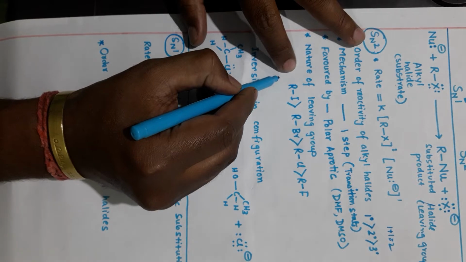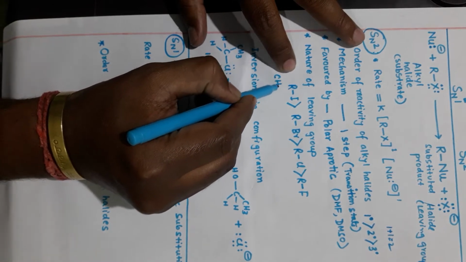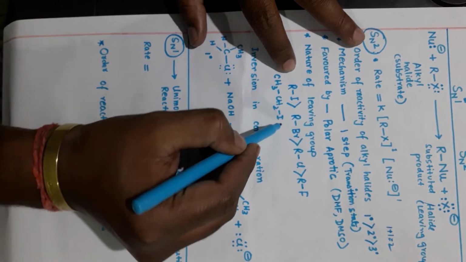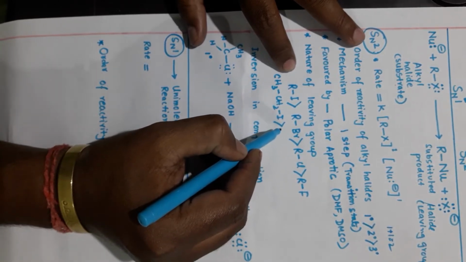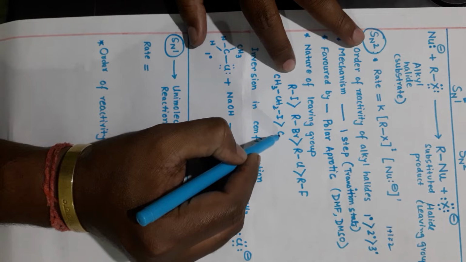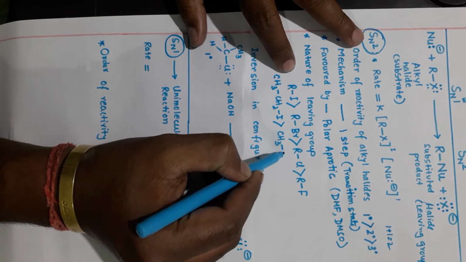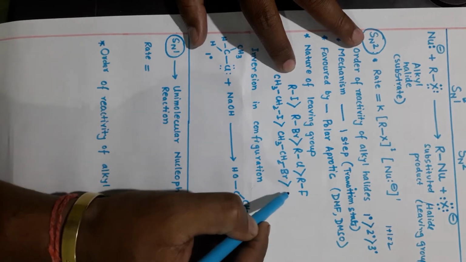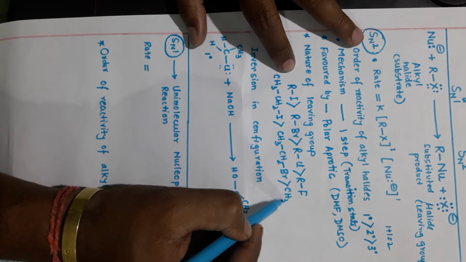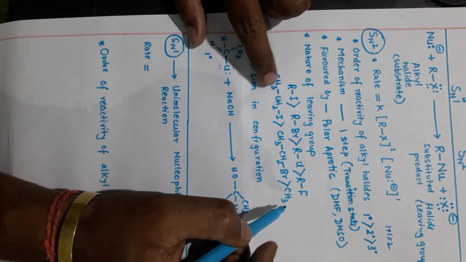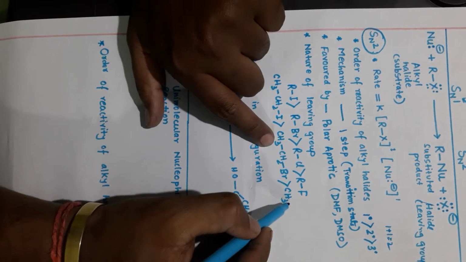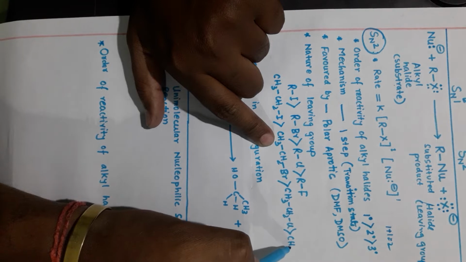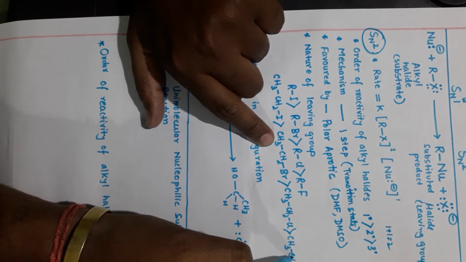So let me take an example. Here I have drawn alkyl halides that are all primary in nature, but they differ in the type of halo group. You can see I have drawn the structures of ethyl iodide, ethyl bromide, ethyl chloride, and ethyl fluoride. All are primary alkyl halides.